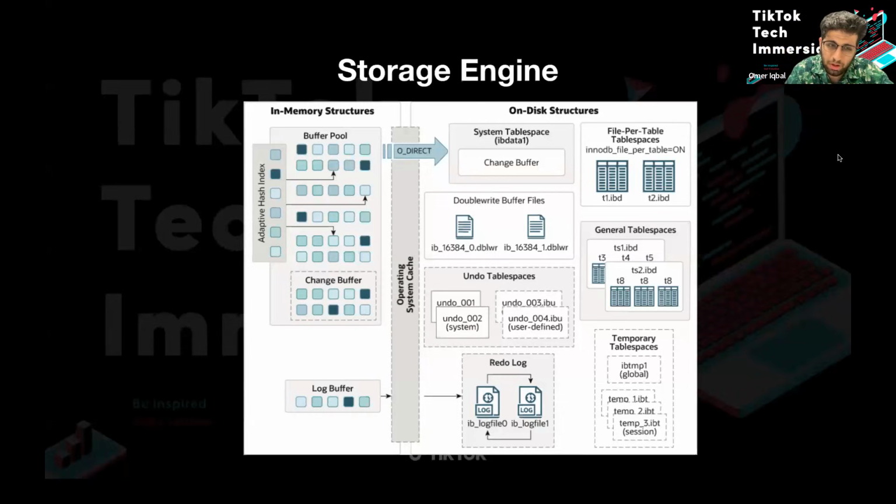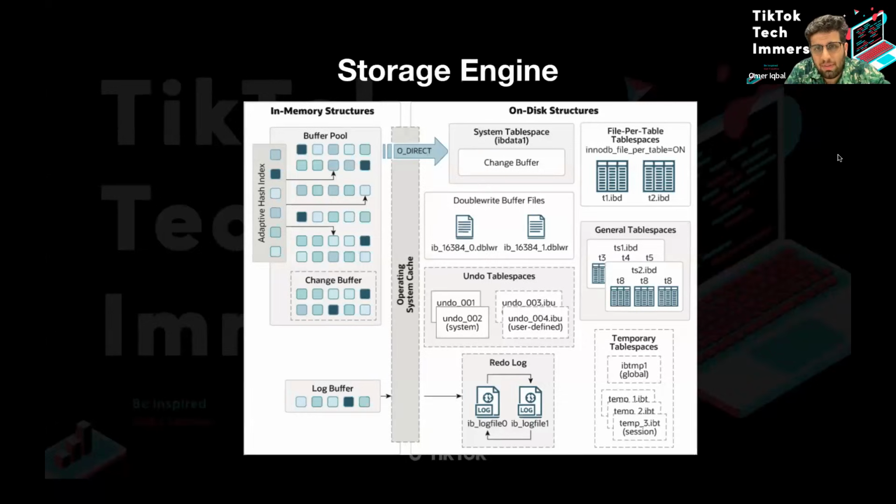You want to make sure those operations are fast. So you load what you need into memory so that you can fetch it, update it, or modify it as fast as possible. That's what the buffer pool is basically doing for you.